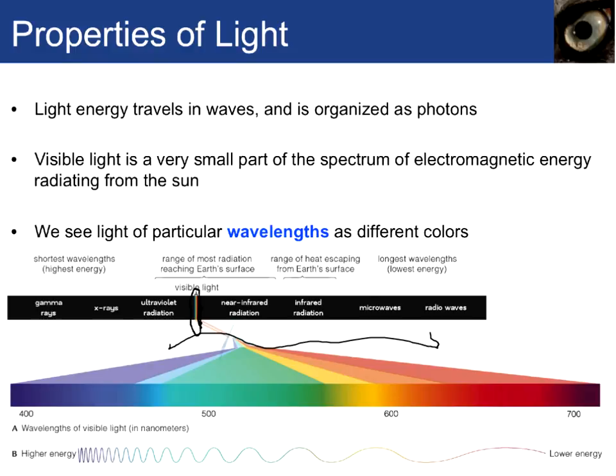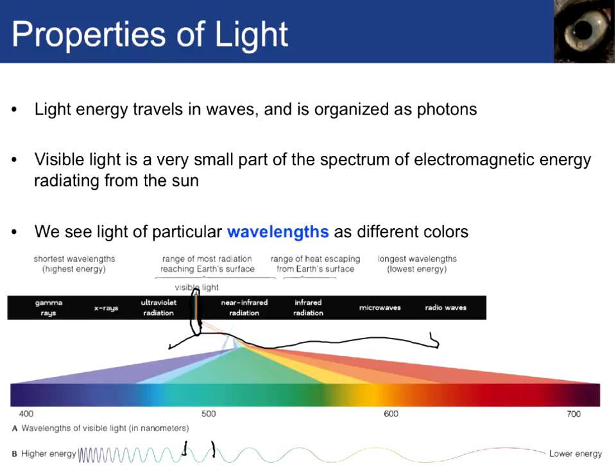A wavelength is just the distance between the crests of two successive waves of light. If you look down here, light travels in waves, and if you measure the distance from one crest to another, that's the wavelength. In the visible spectrum, shorter wavelengths are the purple range, and longer are the red range.